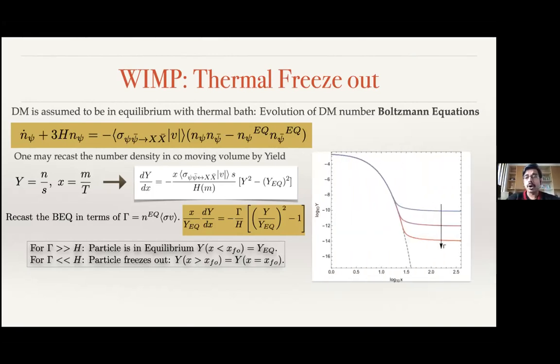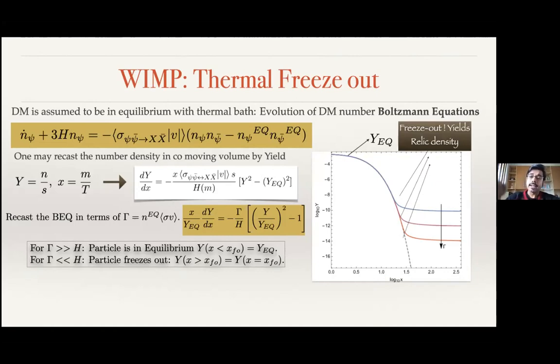Once you solve this equation numerically, this is essentially the picture. This falling curve is the equilibrium dark matter distribution. And this is the point where it departs from the equilibrium distribution to have a flattened distribution in the Y versus x plane. This is what we call the freeze out.